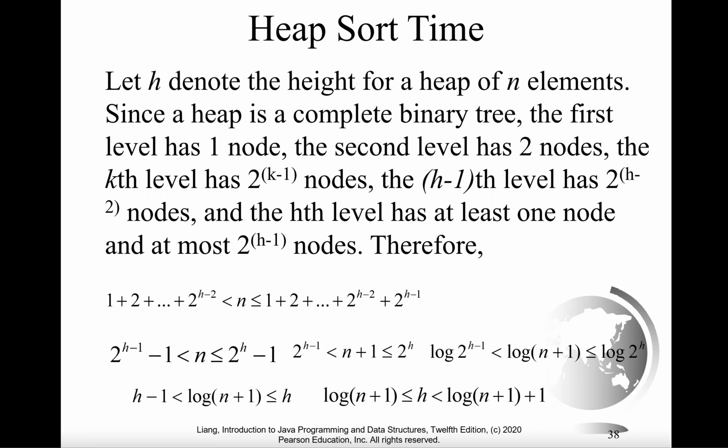You have n elements, and for each element, the add and remove operations take order of log n time. So the total is order of n log n time for insertion and deletion of the n elements. The total time for the heap sort is order of n log n.